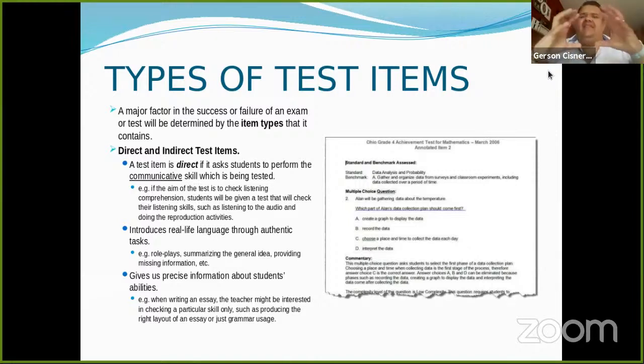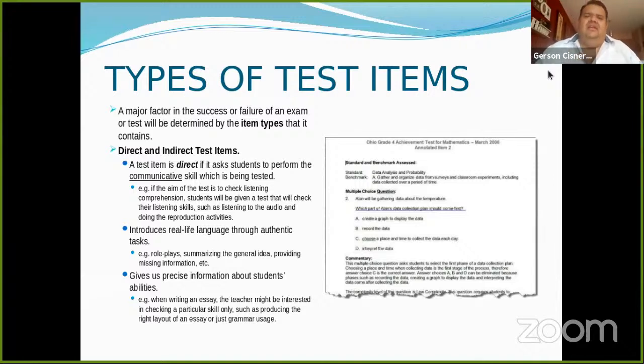Then a direct question would be find or circle the verbs in past in the following reading. See, that is direct. It tells you exactly what skill or what part of the English language you want to test from your students.